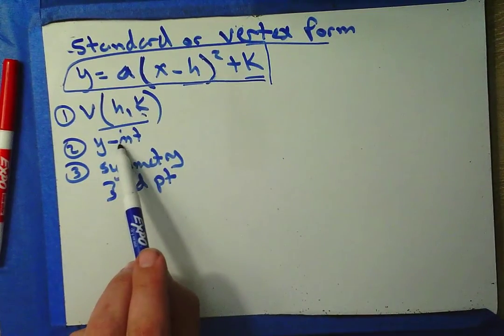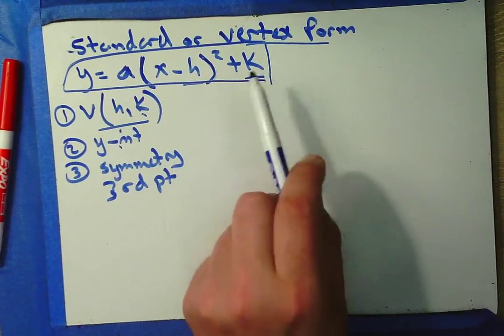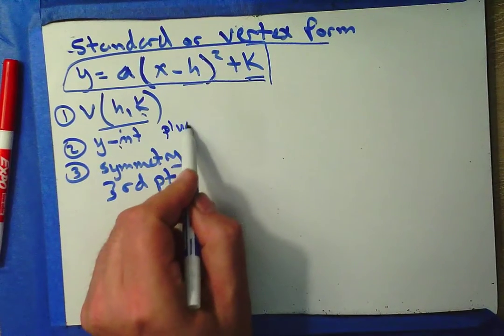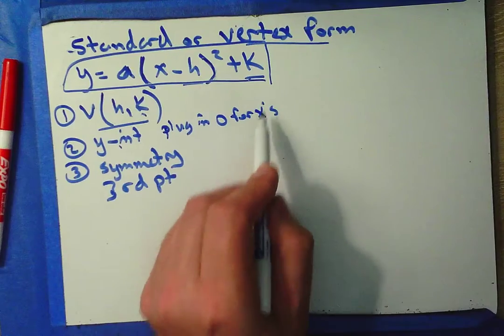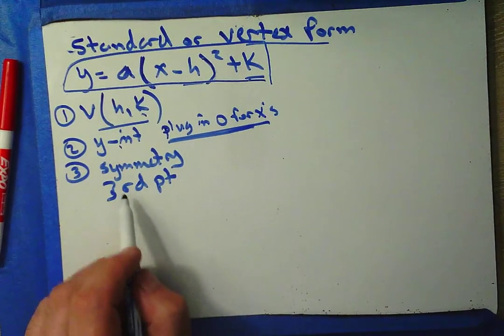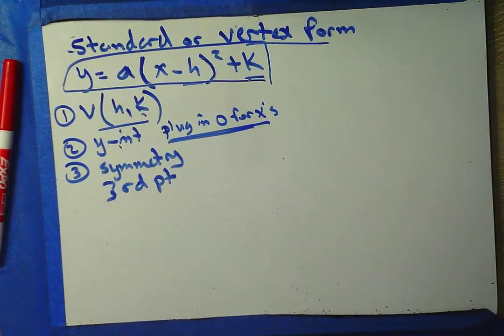We're going to plug in a 0 for x's. Now notice, this time, it's not just this number. So you really do need to plug in 0 for x's this time, finding the y-intercept. But symmetry, finding the third point with symmetry, will be done the same way. You might want to pause the video and finish writing this into your notes.